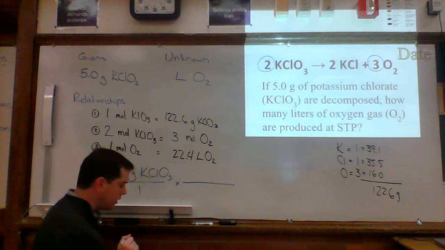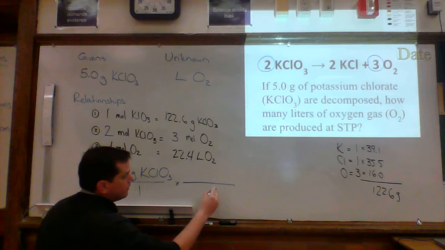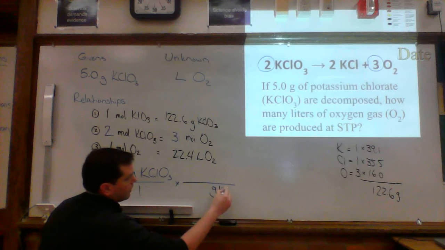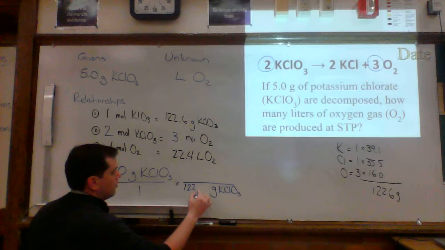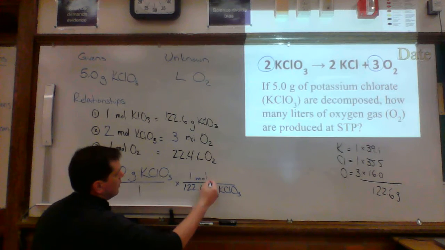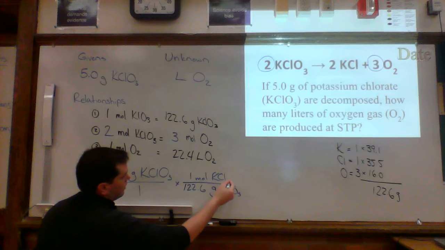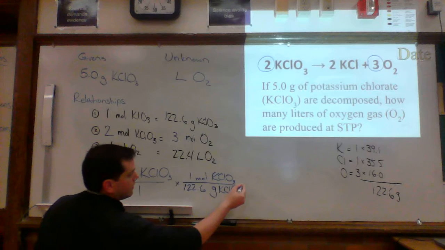Well, before I try to worry about that, why don't I take my grams and move it down to the denominator right here. Now I know that 122.6 goes there, and 1 mole KClO3 goes right there.